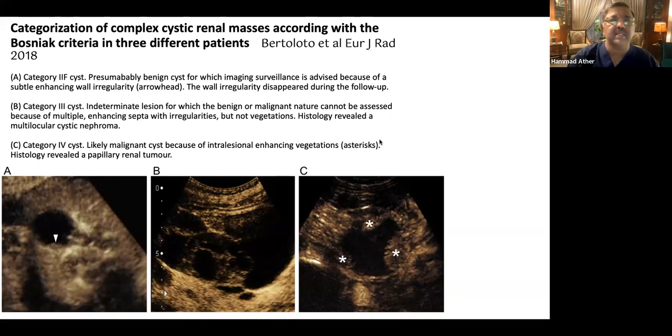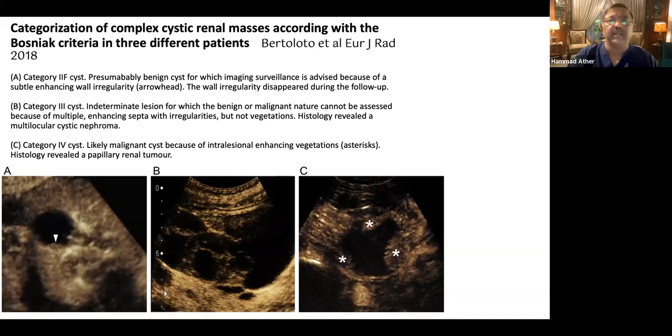Category 3 cyst, and I'll talk about it a little further subsequently: the classically described Bosniak classification was for CT scan, but now we have Bosniak for the ultrasound as well.